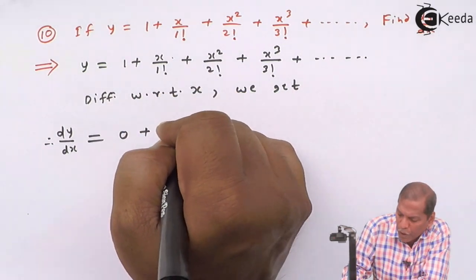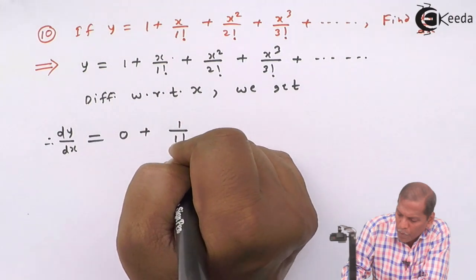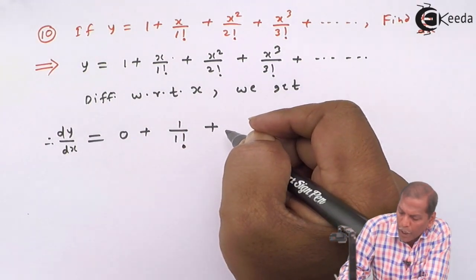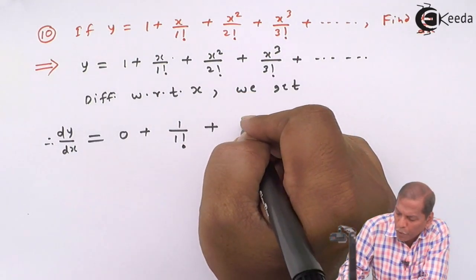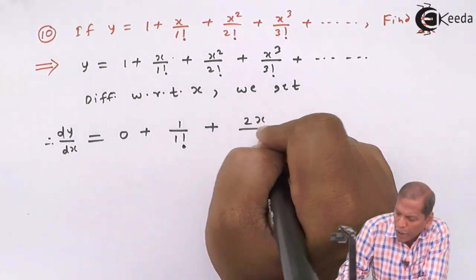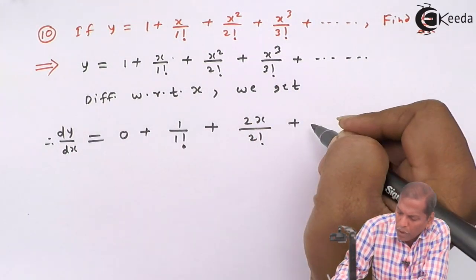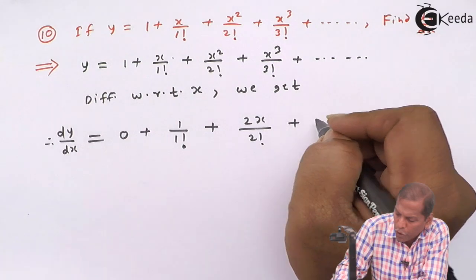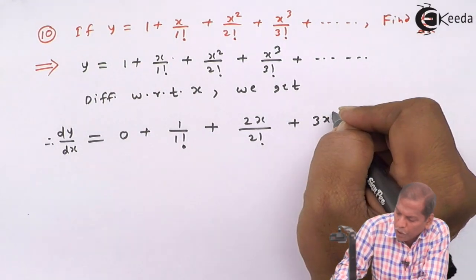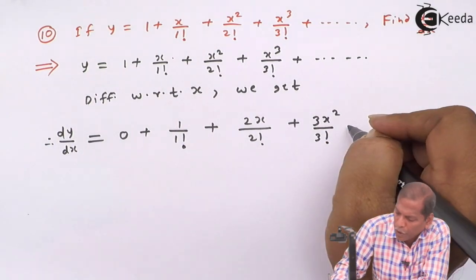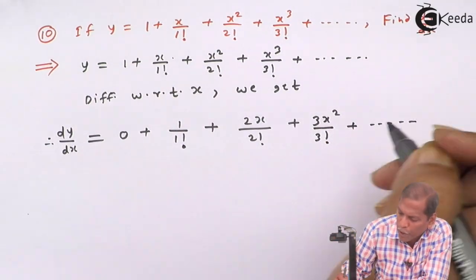upon 1 factorial, which is 1 upon 1 factorial, plus the derivative of x square upon 2 factorial, which is 2x upon 2 factorial. The derivative of x cube upon 3 factorial is 3x square upon 3 factorial and plus so on.